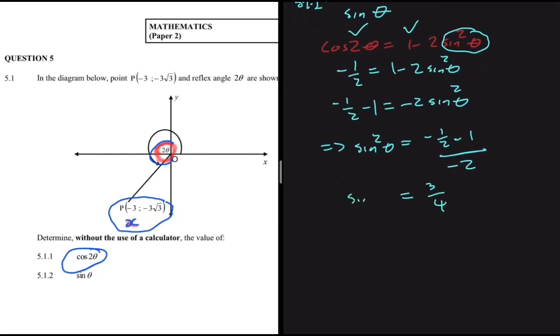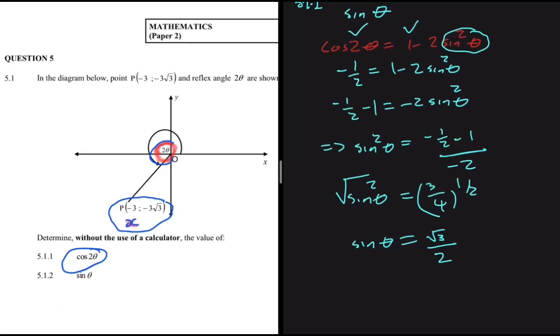Being equal to sine of theta squared. So now we just take the square root on both sides. If we do that, we should get sine of theta is equal to the square root of 3 divided by the square root of 4. The square root of 4 is 2. So our answer for this question would actually be sine of theta is equal to the square root of 3 divided by 2.